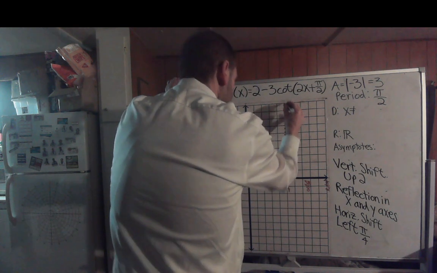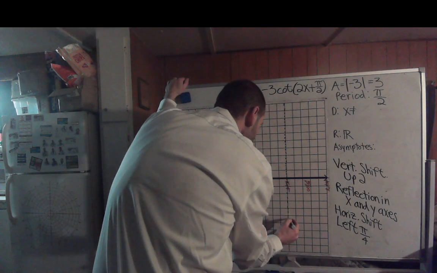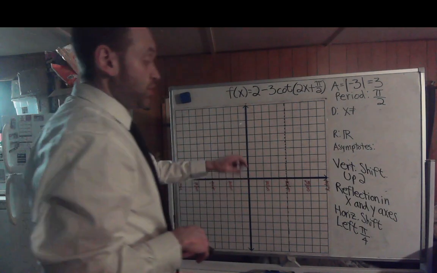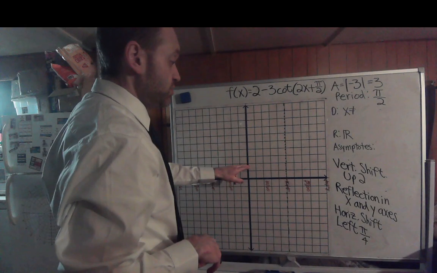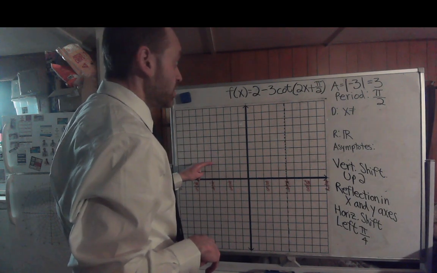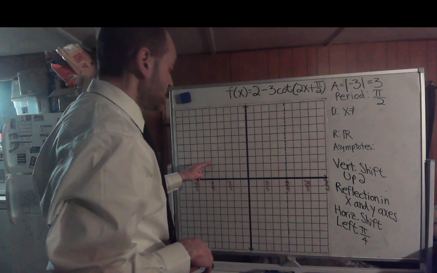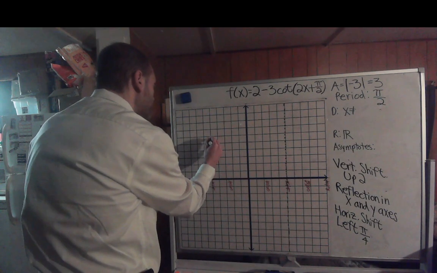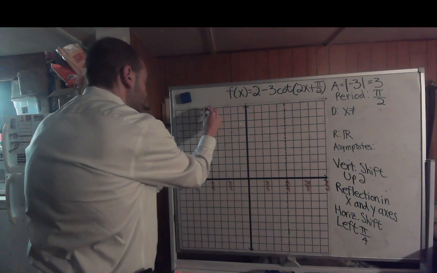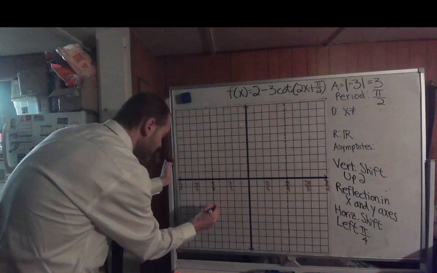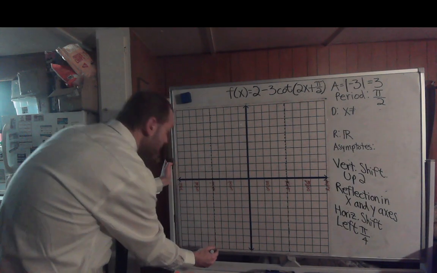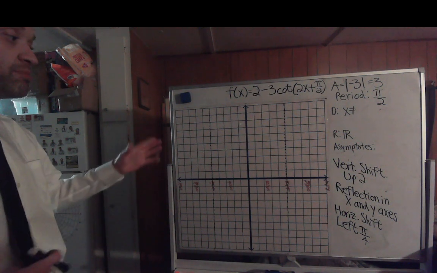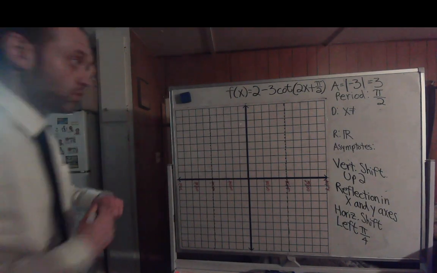Let me label these. Maybe graphing this will help us make sense. Sometimes it helps to graph. Alright, so 0 is normally an asymptote. Then you shift left pi over 4. Yep, so you would have another one at negative pi over 4. So in actuality, it's going to end up being odd multiples of pi over 4.